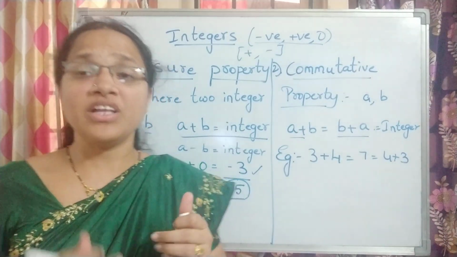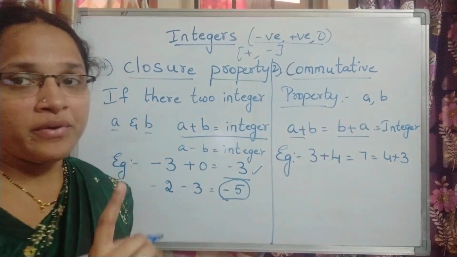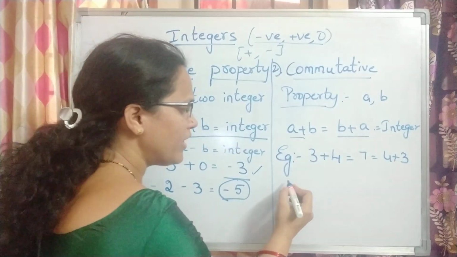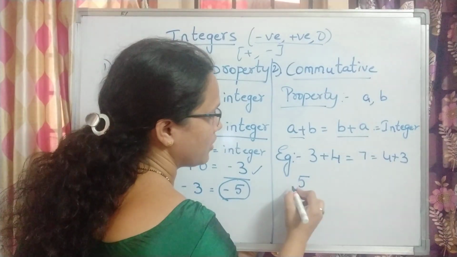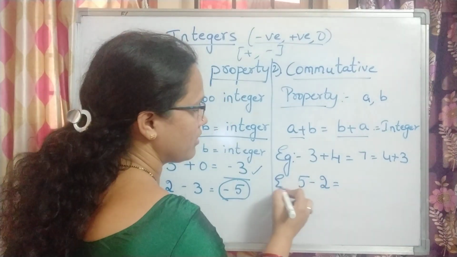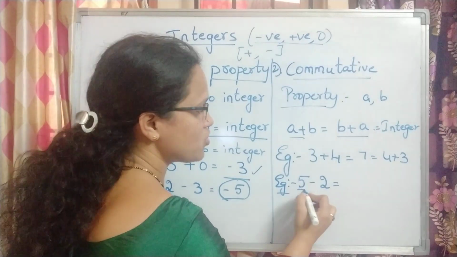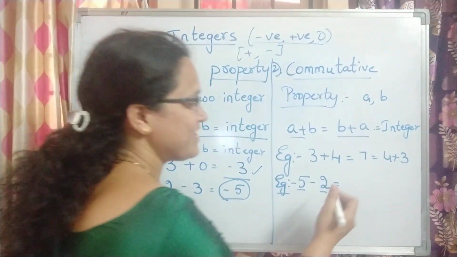Now let us check with the other arithmetic operation, which is subtraction. Commutative property under subtraction. Now let us take two examples. 5 minus 2, suppose a and b are two integers. 5 minus 2 is how much? Yes, 3.